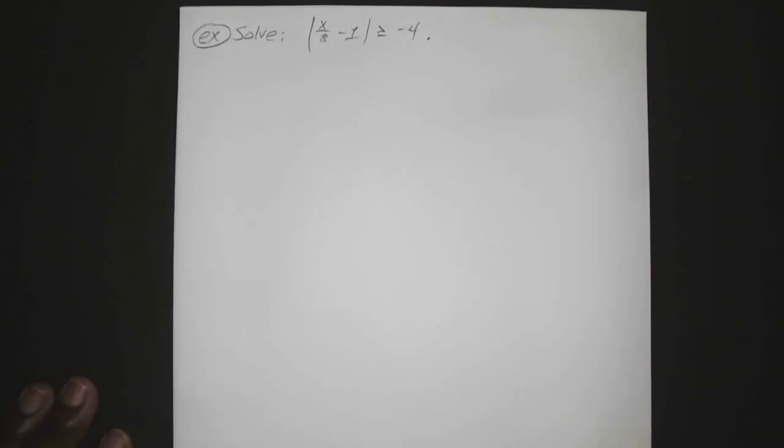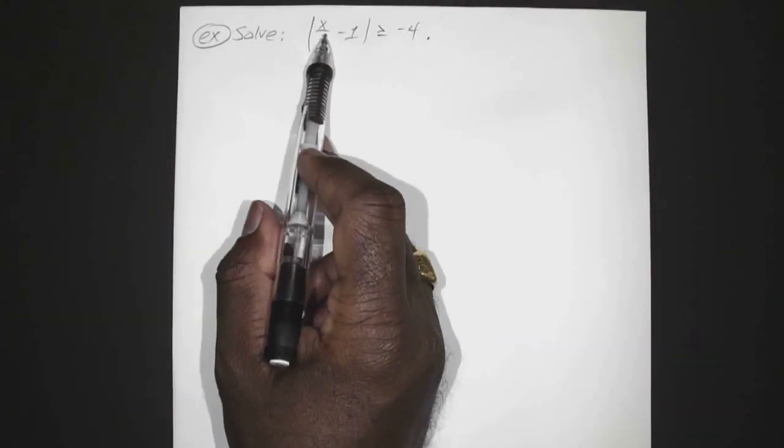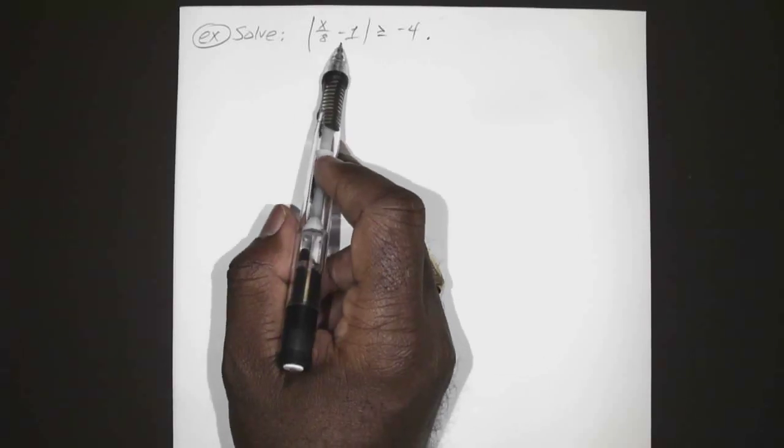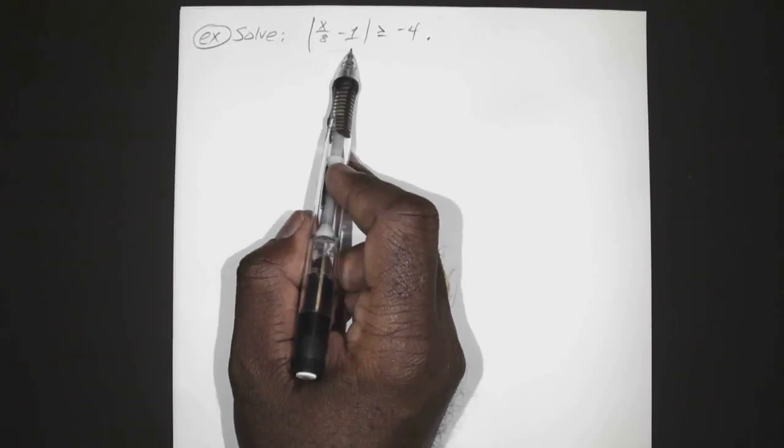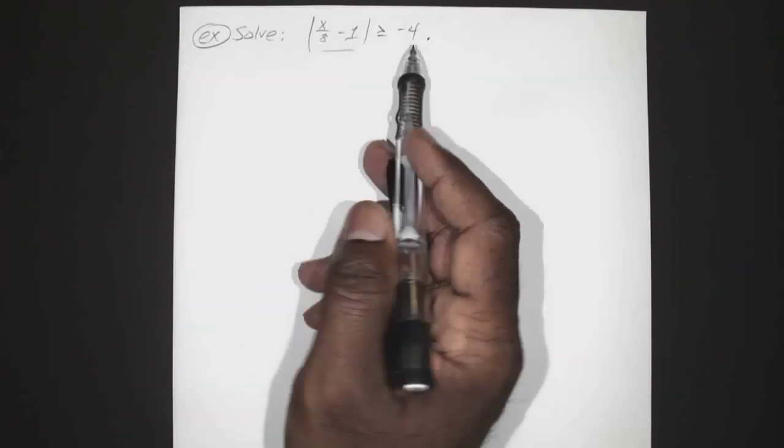Because before it was less than or equal to a negative number, which meant that there was no possible way the absolute value would ever be less than a negative number. This one, any value you plug in for x will always come out to be positive, which means this positive will always be bigger than a negative number.